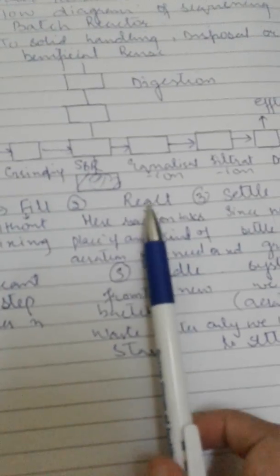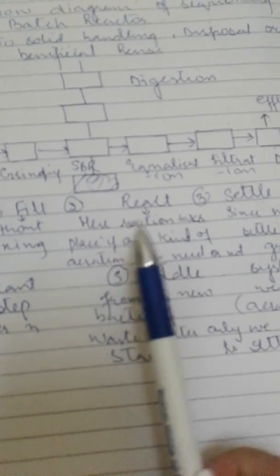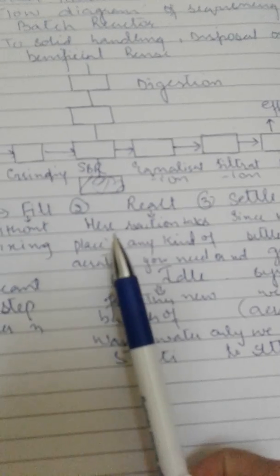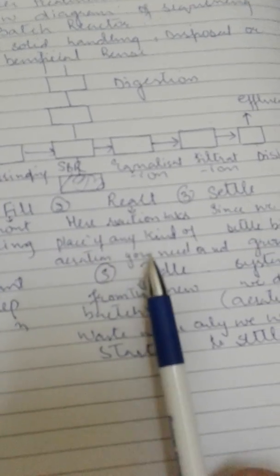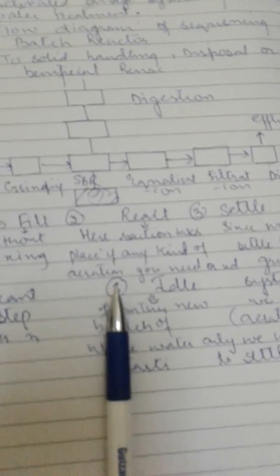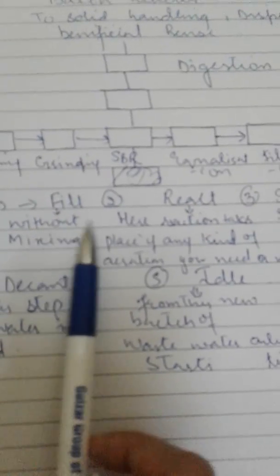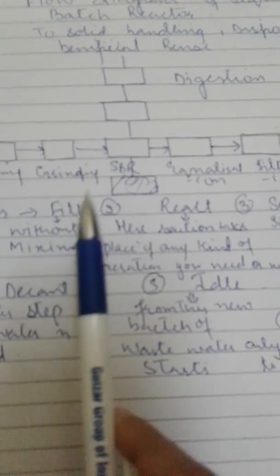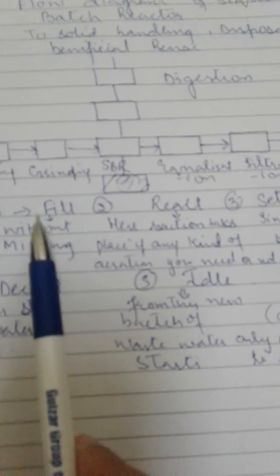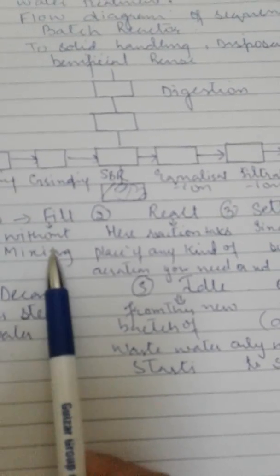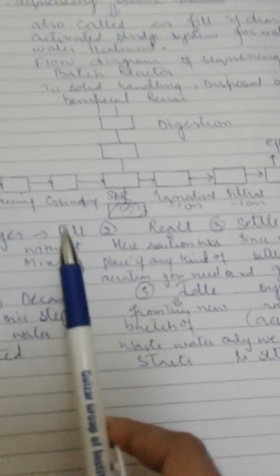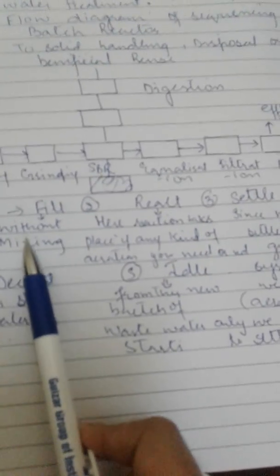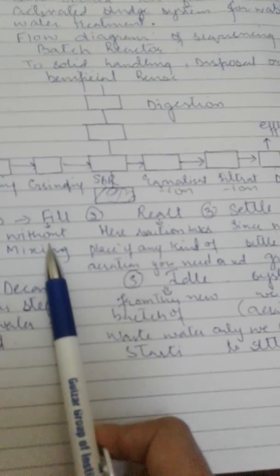Next will be the reaction. What will be the reaction here? Here the reaction takes place if any kind of addition is needed. Suppose I have collected black water or brown water, which may contain human excreta, feces, etc. At the same time, it has some kinds of gases also.